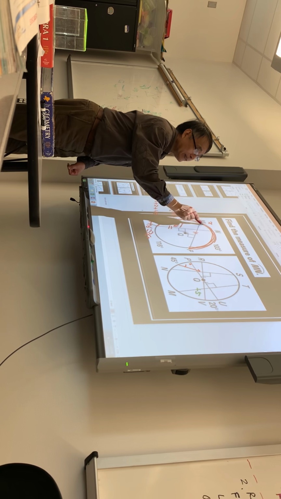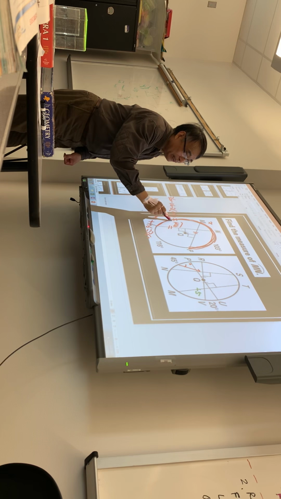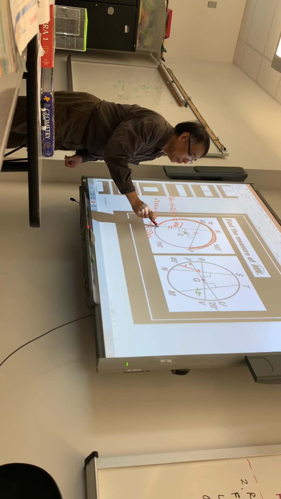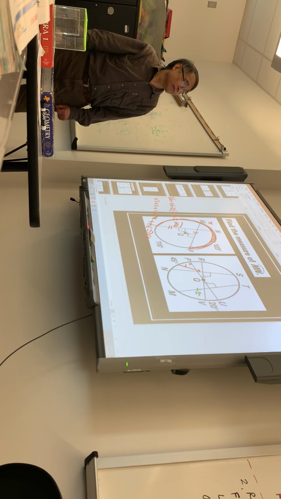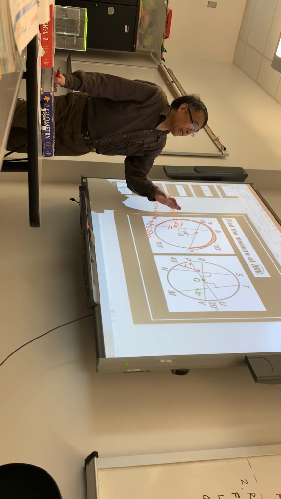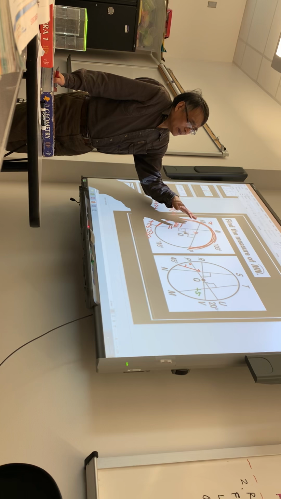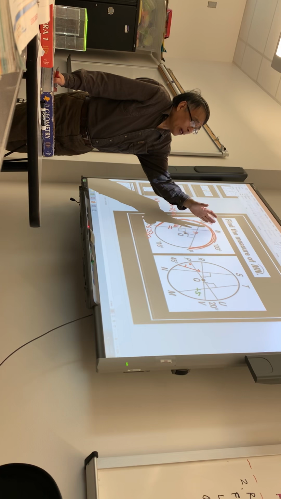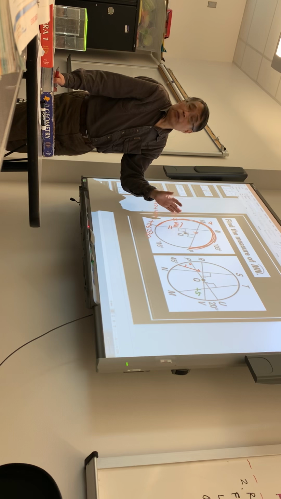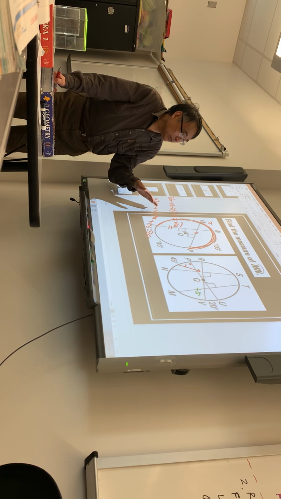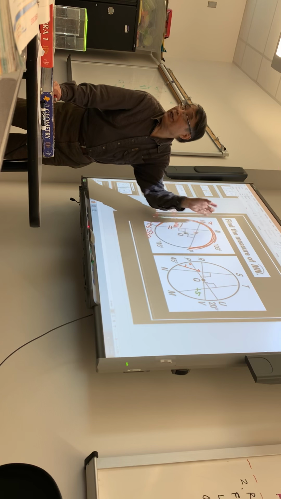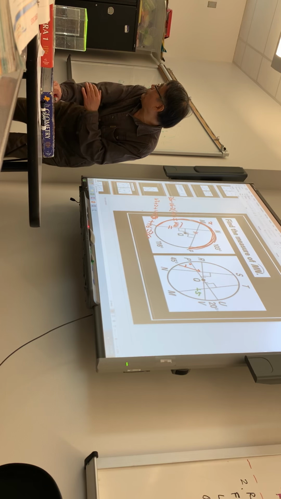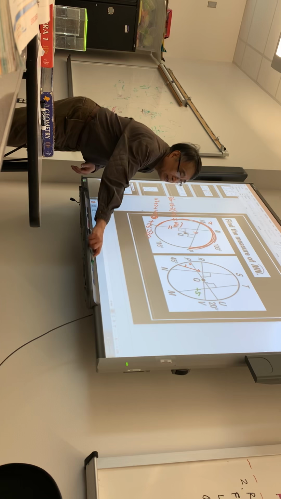So 103 plus x plus 103, no x here, plus 116 is 180 degrees. So you're a little bit confused.